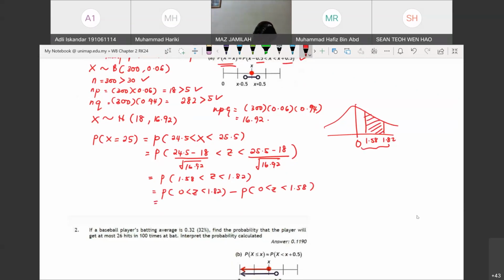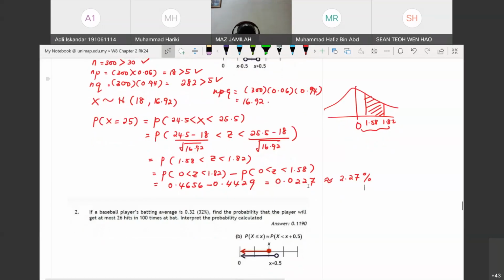So you will get 0.4656 minus 0.4429. You will get 0.0227, which is 2.27%.